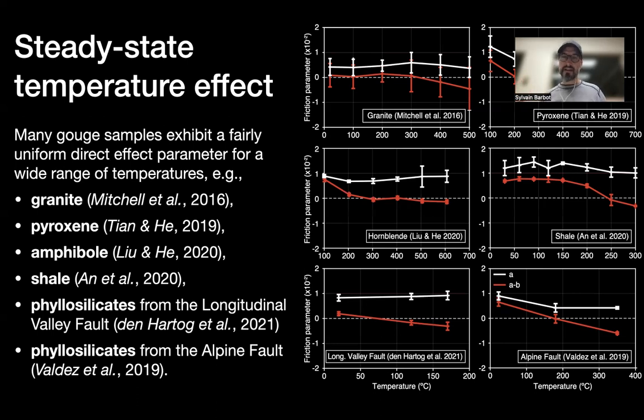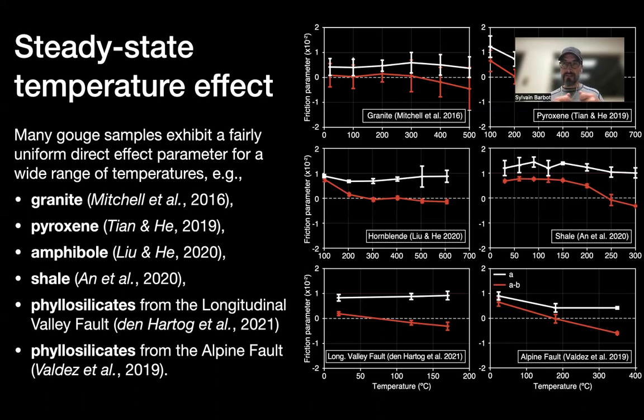What is found instead is that the parameter controlling the evolutionary effects, this B parameter, or A minus B, is a very sensitive function of temperature. A typical behavior is that these rocks are velocity strengthening at low temperature and velocity weakening at higher temperature.